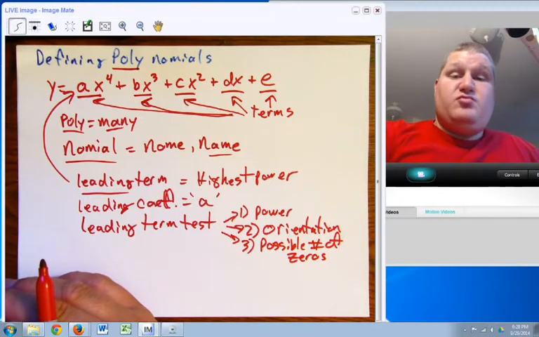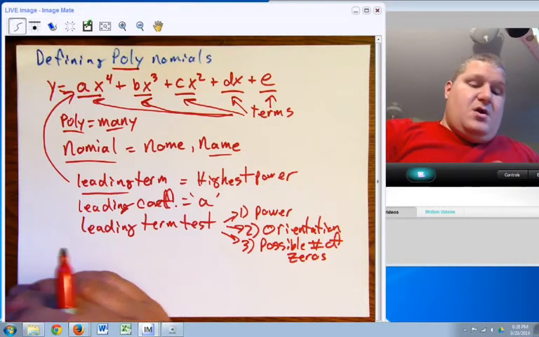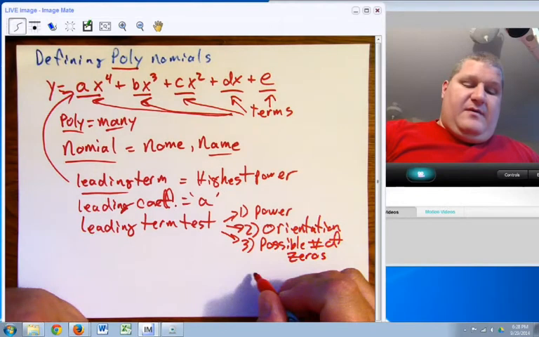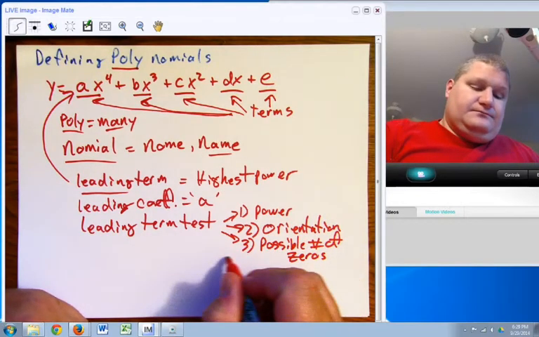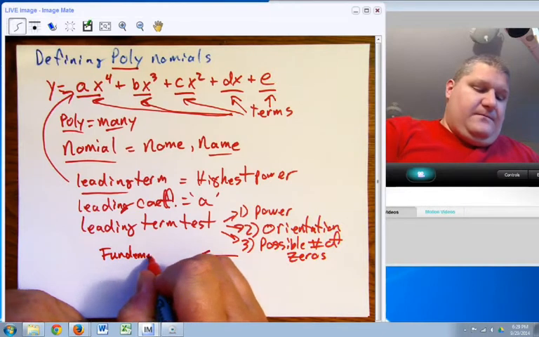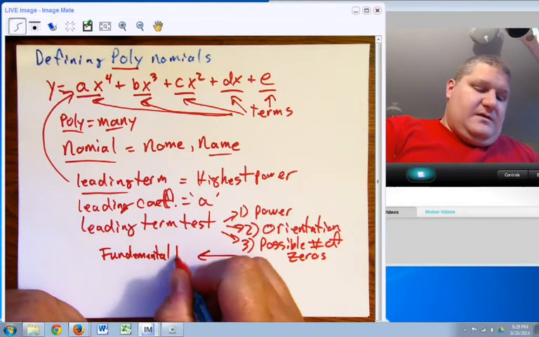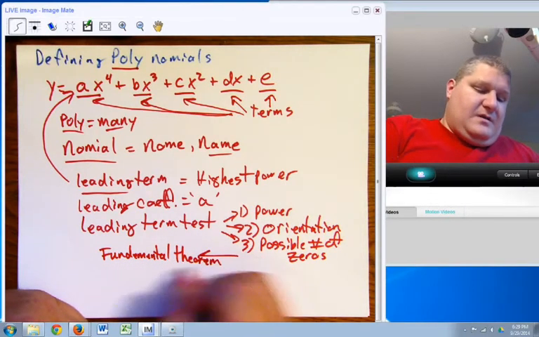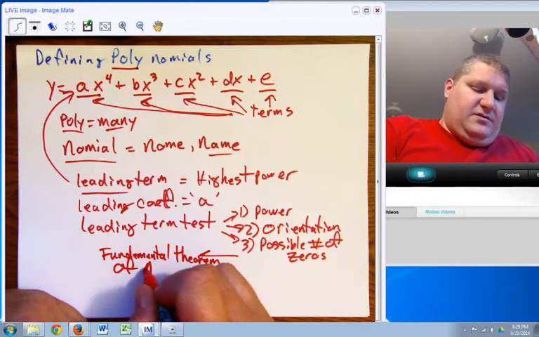Also, additionally, roots. So roots, zeros, solutions, x-intercepts. All the same thing. This, by the way, is the fundamental theorem of algebra.